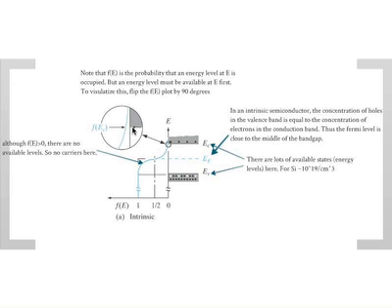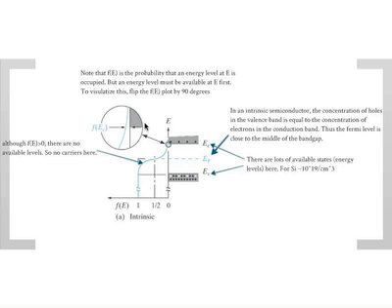You look at the number of available states, which we can calculate, we'll talk about that in a second, multiplied by the probability that those states are occupied, which is just given by f of E_C at the conduction band. So that's why this sort of diagram is a nice way to look at how many electrons are in the conduction band, how many holes are in the valence band, and so on and so forth.